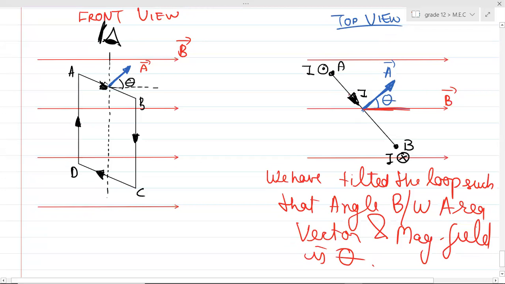Now, can you please tell me what will be the direction of forces acting on this? What will be the direction of force acting on AB?